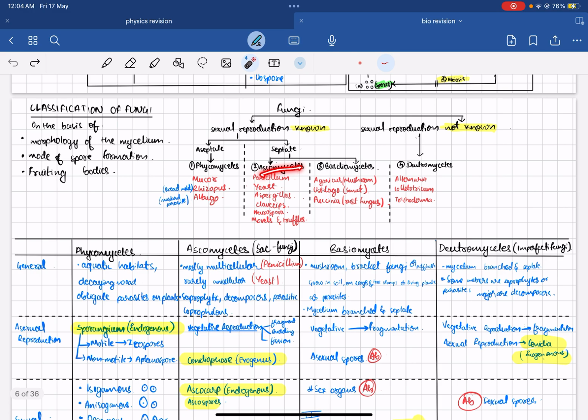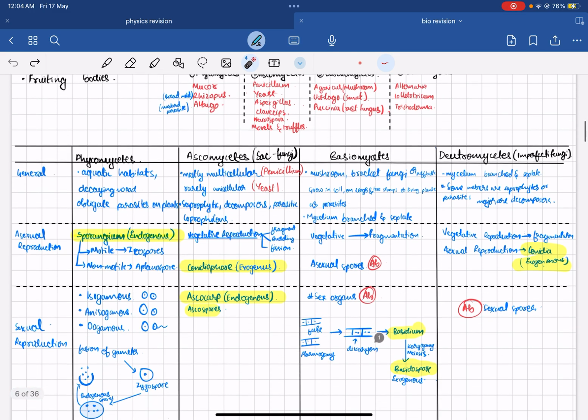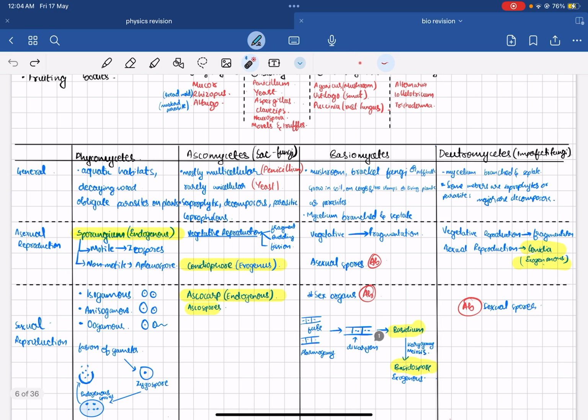In Ascomycetes, we can find yeast, which is widely used in bakeries, and Penicillium for medicine. Next is Neurospora, which is used in laboratories. Morels and truffles, very small in quantity, are used in food. And next, Basidiomycetes, these are bracket fungi.